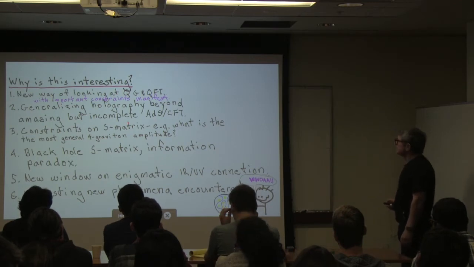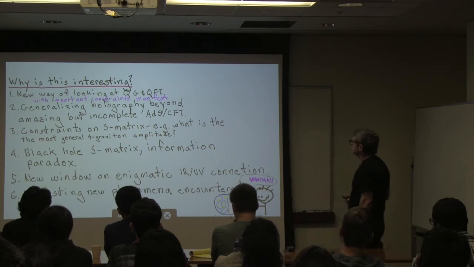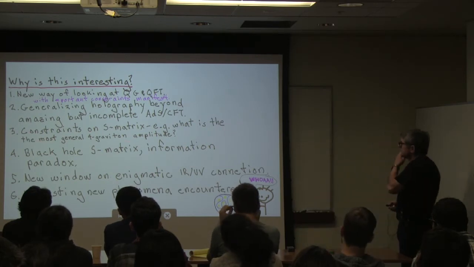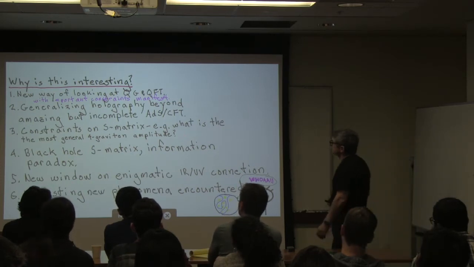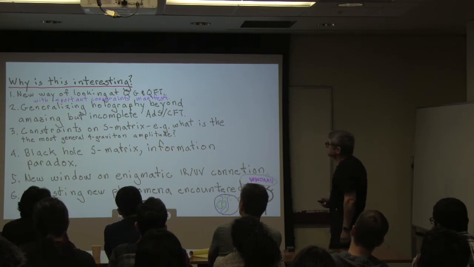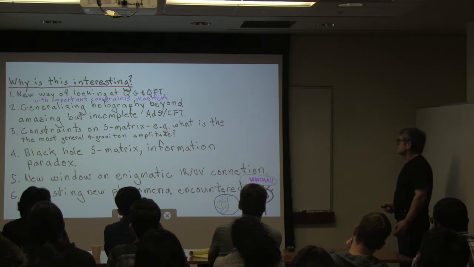Now, also, we've been discovering recently that there are a lot more symmetries in nature than we previously appreciated, and these constrain the S matrix. There are some simple problems you'd like to understand their implications for, for example, the most general four graviton amplitude.